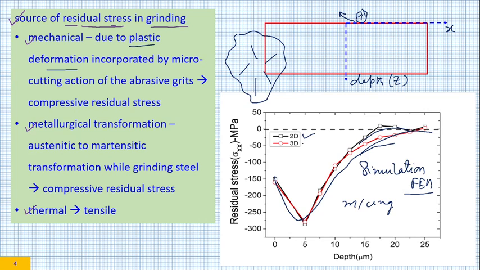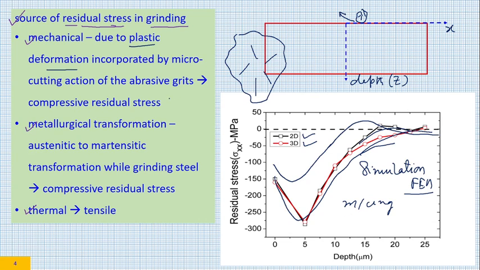Both a 2D simulation and a 3D simulation have been done. What is important for you to know is that upon machining, you induce a compressive residual stress that becomes slightly tensile and then almost becomes 0. So this is the nature of the induction.